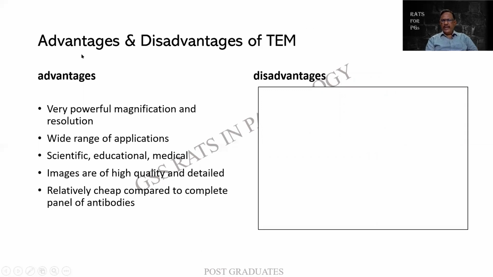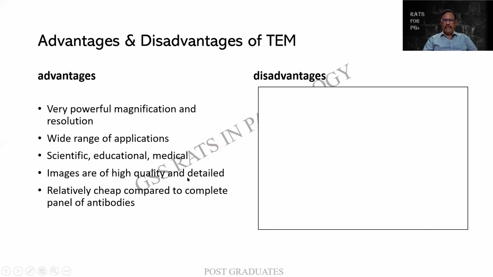What are the advantages and the disadvantages of transmission electron microscopy? Advantages are there is a very powerful magnification and resolution. You can see the clarity that I had shown you. There will be a wide range of applications. It can be scientific, educational, or medical. The images are of a high quality and detail.